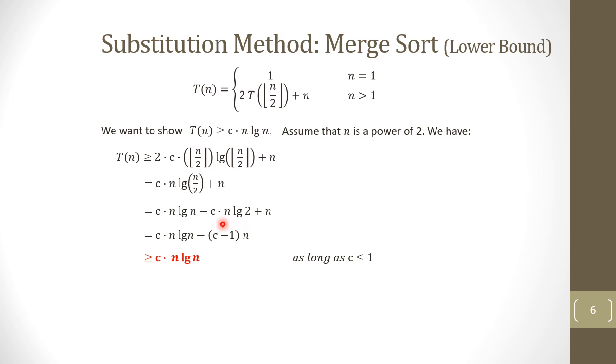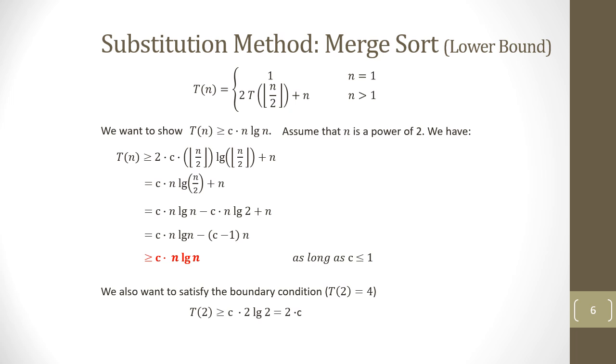So there is a positive term being subtracted from c n log n. Because c cannot be less than 0, this will always be a positive term if c is greater than or equal to 1. Hence, this term will always be less than c n log n. Hence, our induction step is satisfied.